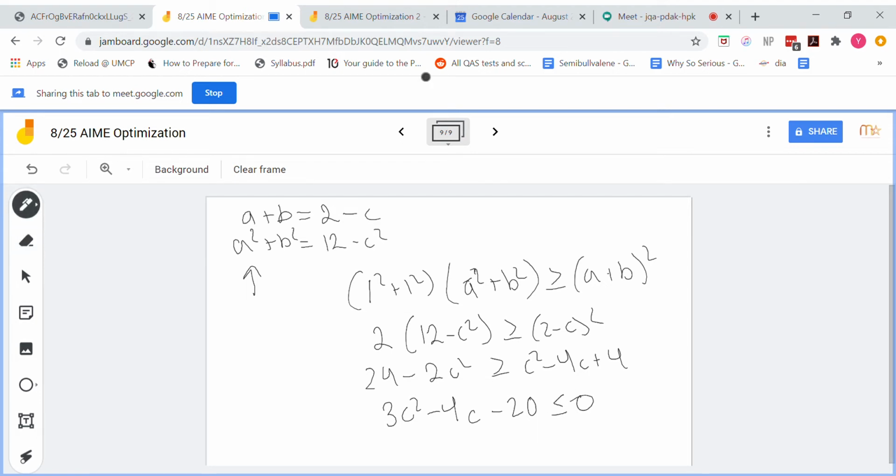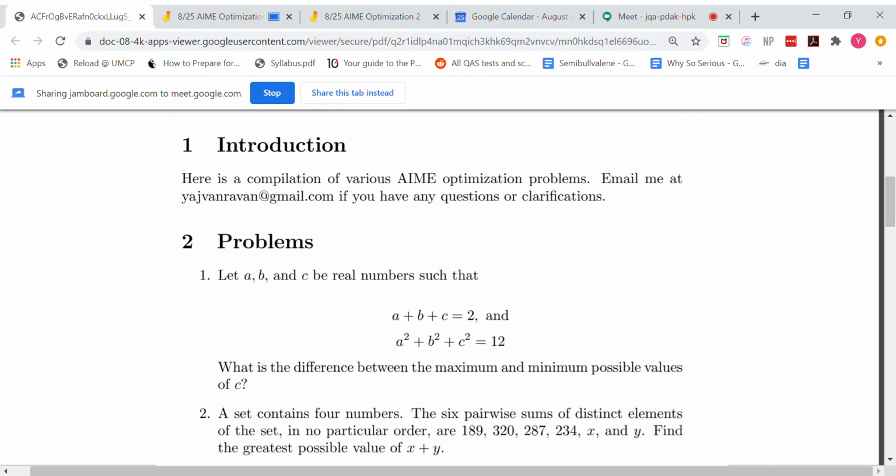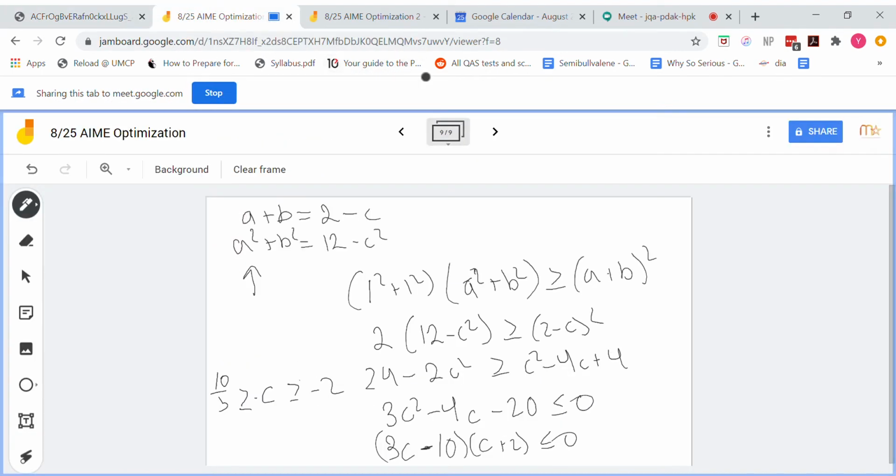We can factor this pretty easily: (3c minus 10) times (c plus 2) must be at most 0. To satisfy this inequality, c must be greater than 10/3 and less than -2. Or sorry, the other way around. So c must be between -2 and 10/3. And so the difference between the minimum and maximum possible value of c is just 16/3.